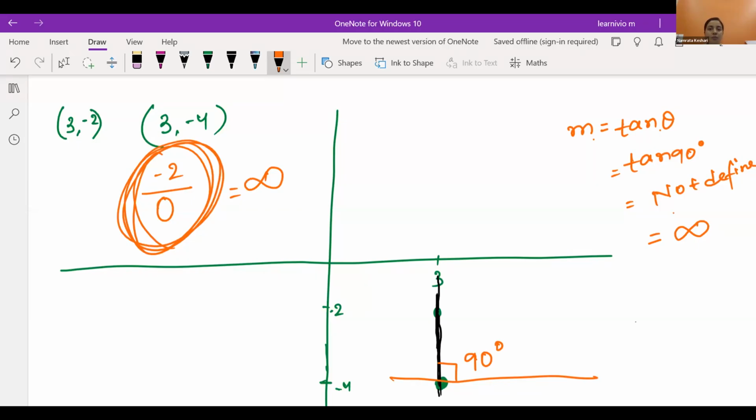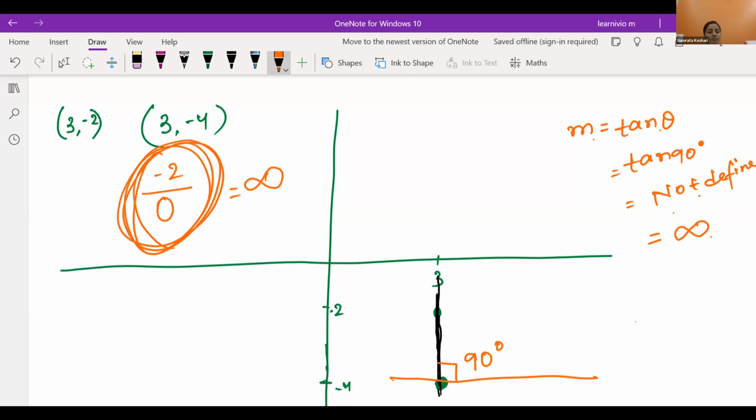Okay, not defined scenario. We also call it infinity. Anybody wanted to ask anything? Please tell me. No? Okay. So here, since the angle is 90 degrees, there are two slope formulas. One is tan theta.